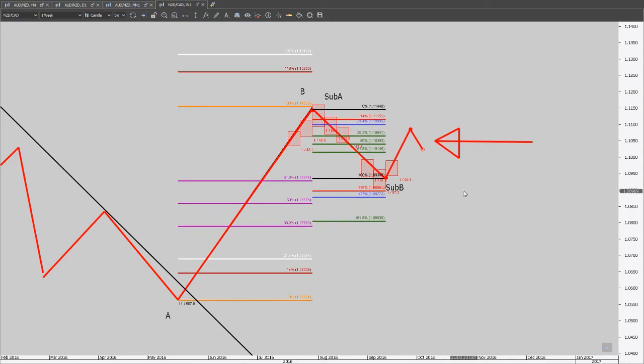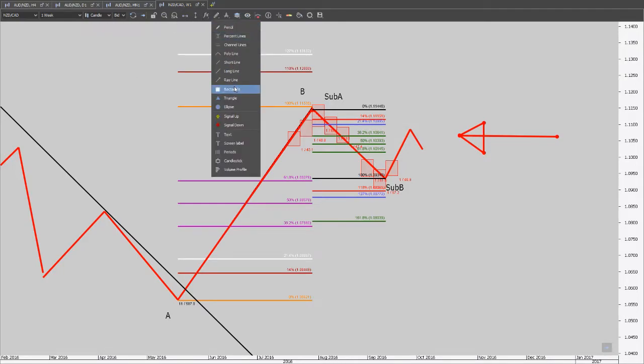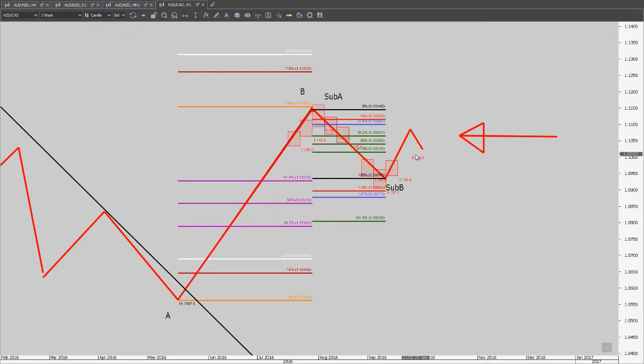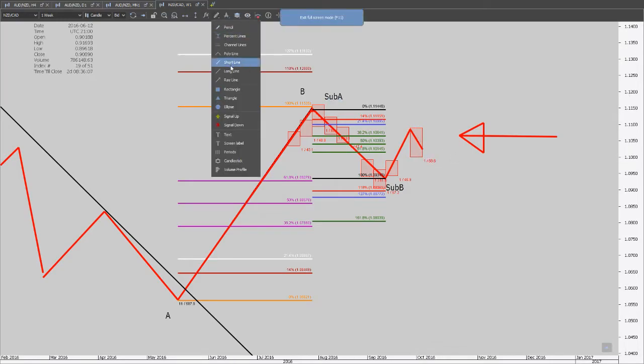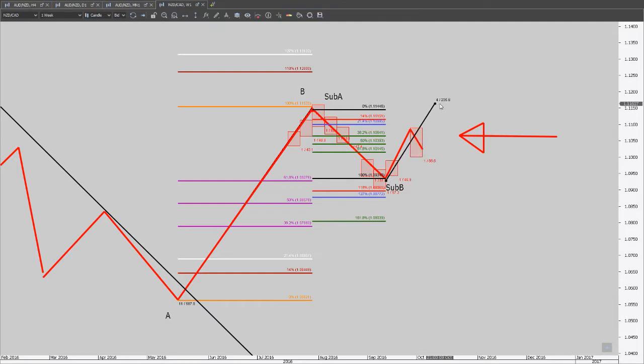Okay? Now, if you want to trade the retracement, and let's say that here it appears a bearish engulfing candle, and you say, oh, I'm going to take this opportunity and I'm going to enter on this counter trend line of the sub A and sub B, right?